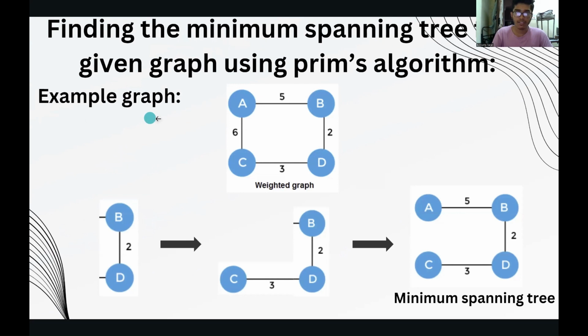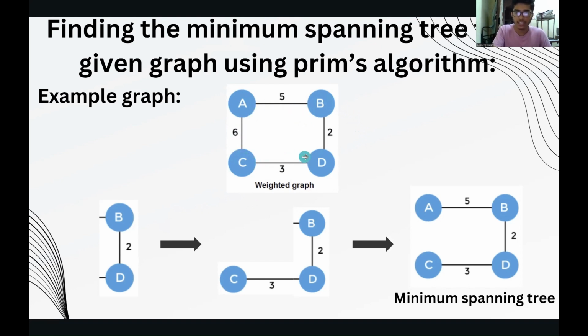Consider this example graph, which is a weighted graph. It contains four vertices and four edges. We are going to find a minimum spanning tree for this given graph using Prim's algorithm. The weights of the edges are 2, 3, 5 and 6. It contains the vertices A, B, C, D. First, we have to take the edge which has the minimum weight.